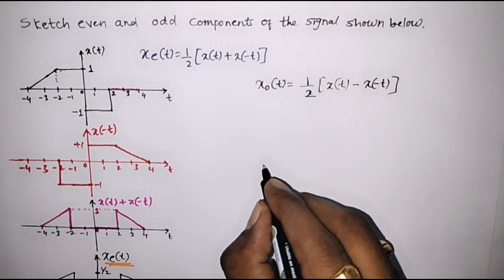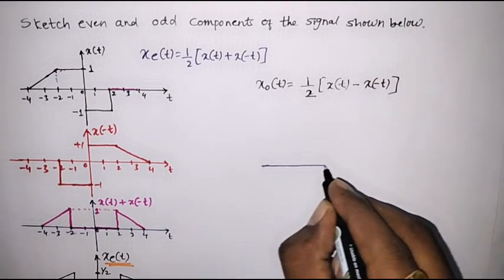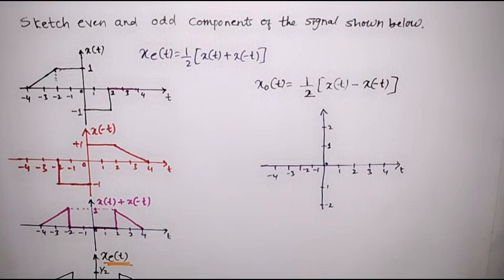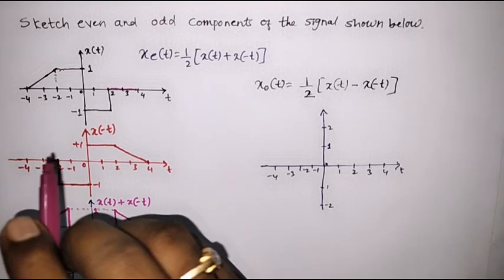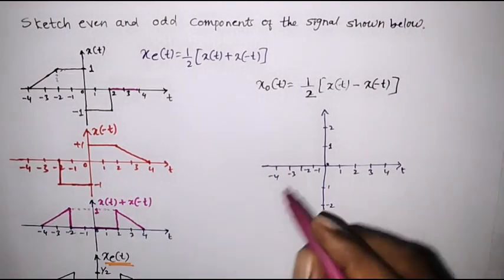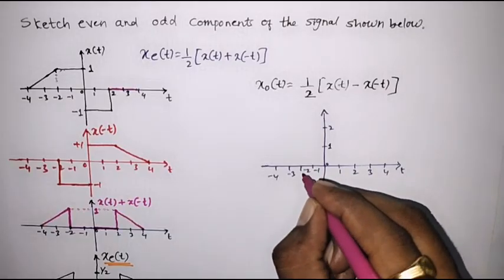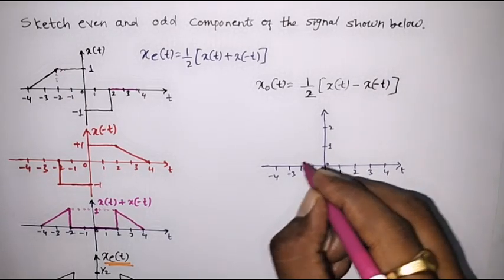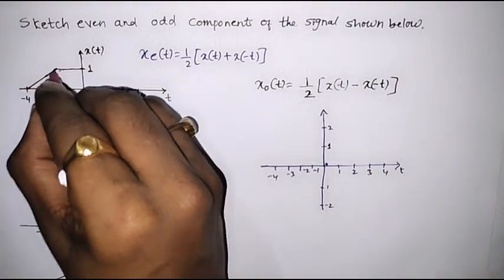I'll draw here. So now from -4 to -2 the same waveform appears, that is the ramp signal.